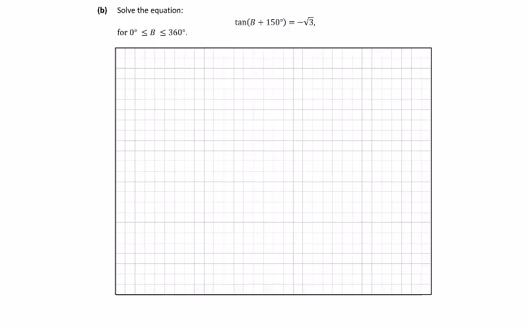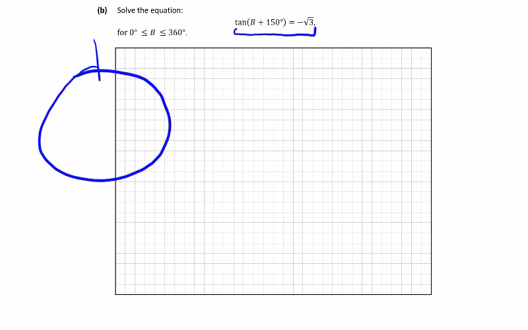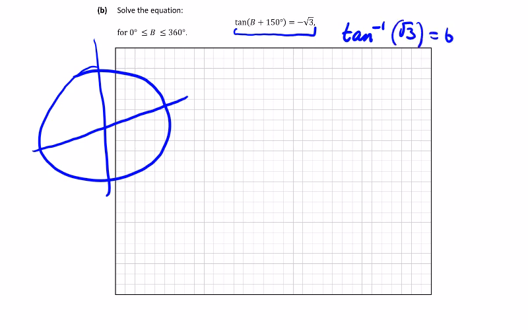And finally, for trig identities, is this: tan of b plus 150 is equal to minus root 3, which we've seen already too. The tan of 60 is root 3. So when is tan not positive? Well, our reference angle is definitely the inverse tan of root 3. It's equal to 60 degrees.